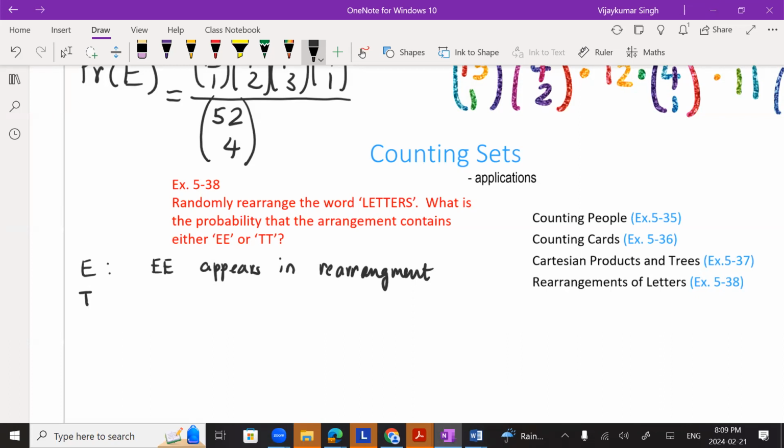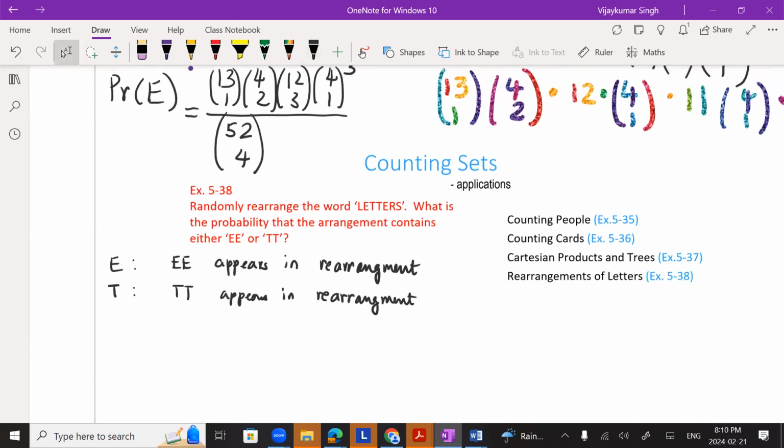And let T, I'm just using the same name so that it's easier, be the event that TT appears. Okay, so now let's see.